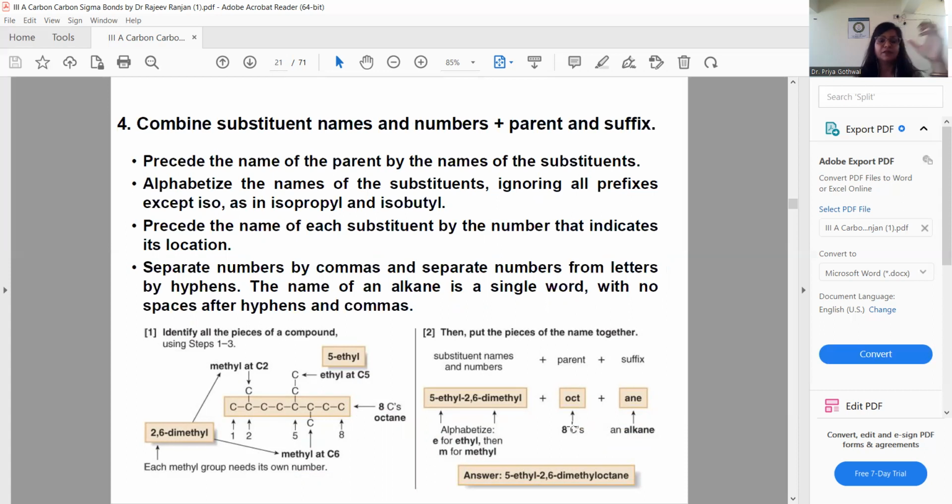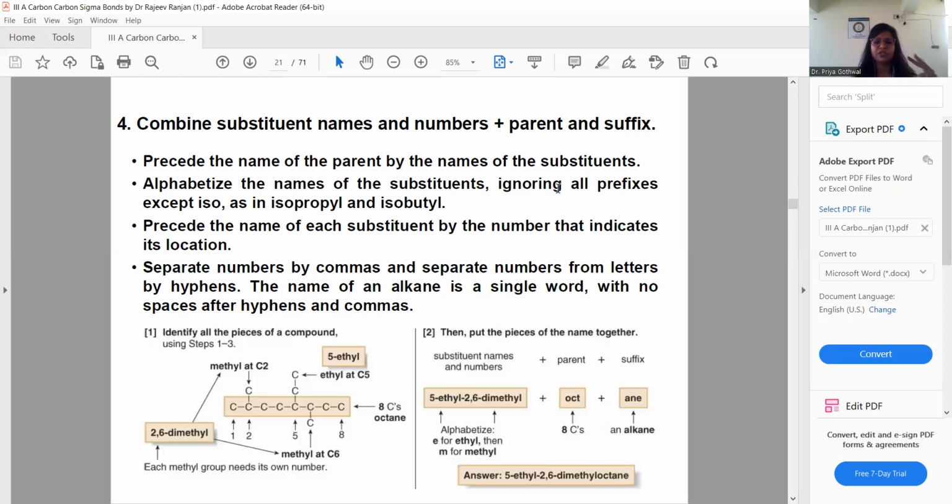The fourth condition is to combine substituent names and numbers plus parent and suffix. Precede the name of the parent by the names of the substituents. Alphabetize the names of the substituents, ignoring all prefixes except iso, as in isopropyl and isobutyl.